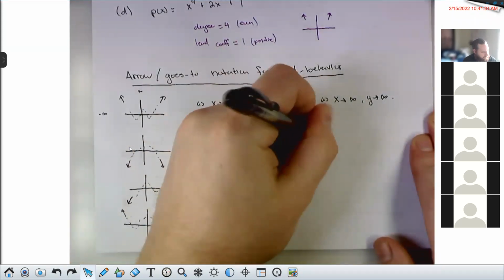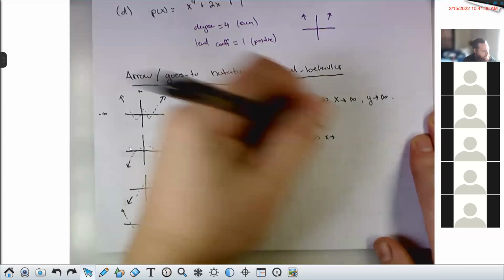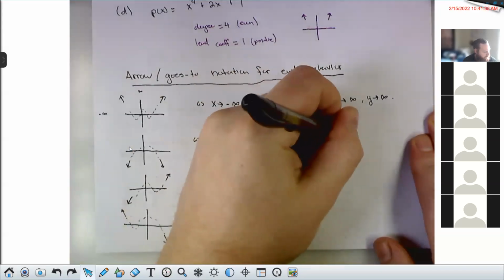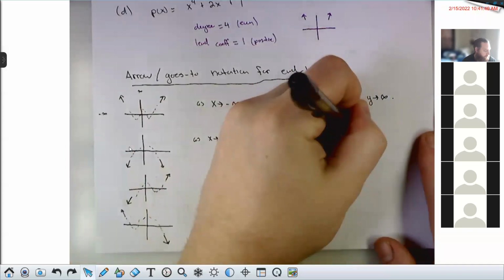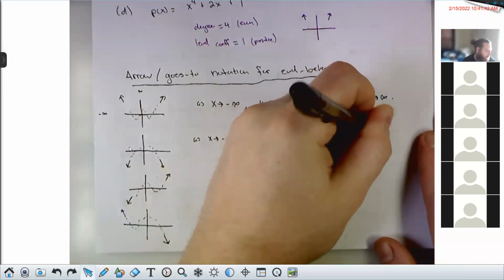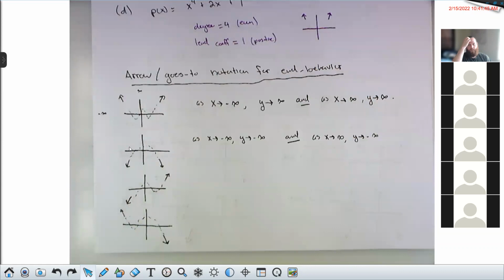And as x goes to positive infinity, y goes down. So y goes to negative infinity. So down on the left means as x goes to negative infinity, y goes to negative infinity. Down on the right means as x goes to positive infinity, y goes to negative infinity.